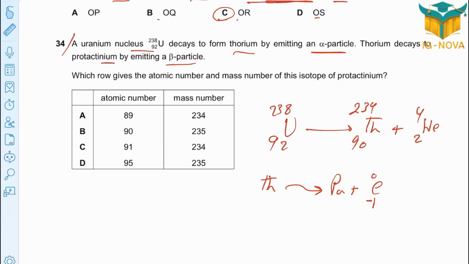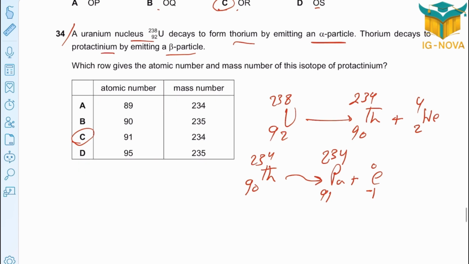What's the result here? 90 and 234 by -1 here, so this must be 91. And the mass number is 234, because for beta there is no change in the mass number, but the number of protons will increase. For that, 91 and 234, option C.